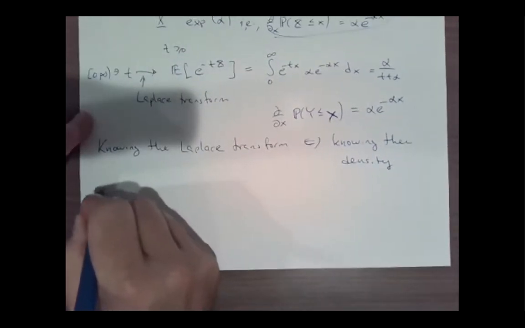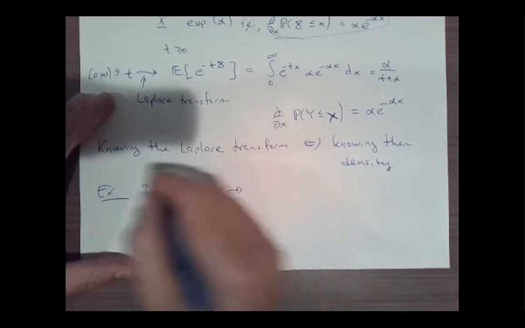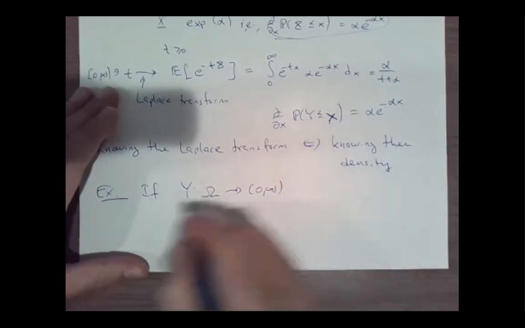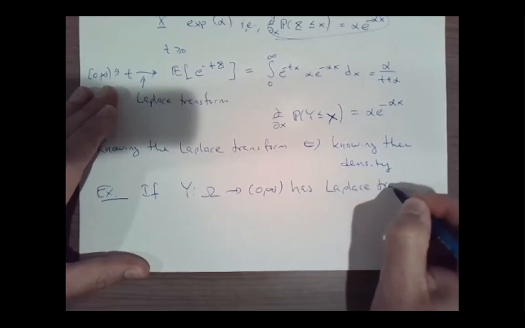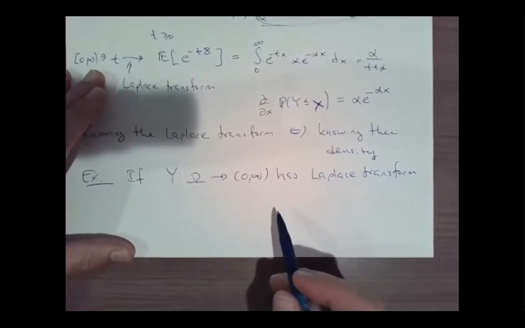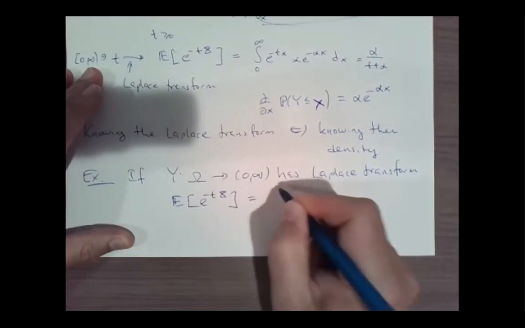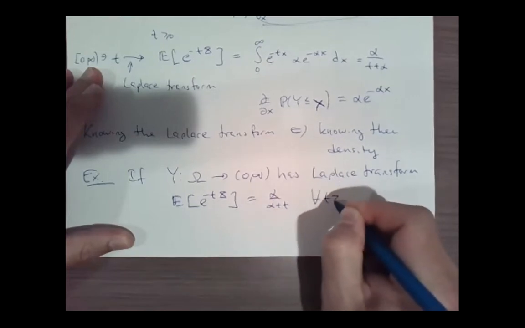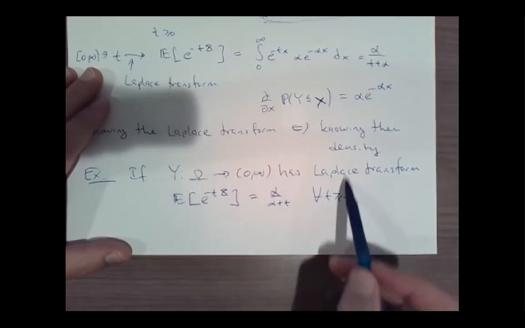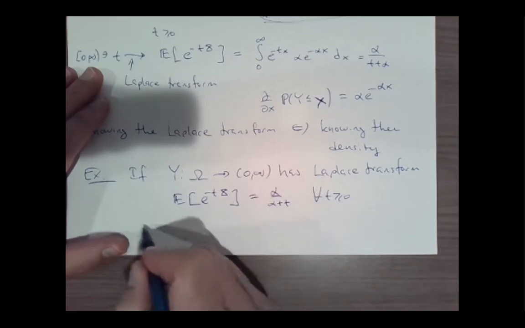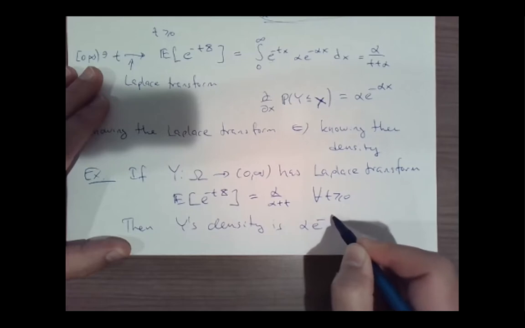For example, if Y is a random variable, so it goes from omega to 0 infinity, and it has Laplace transform exactly what we computed up here, and this is true for any t positive, so you have a non-negative random variable with this Laplace transform, then Y's density is alpha e to the minus alpha x.